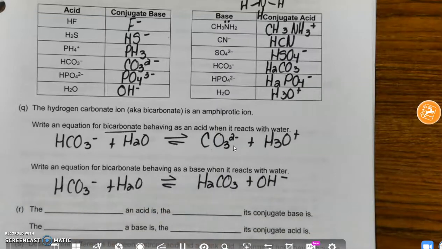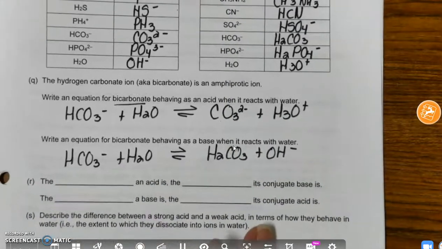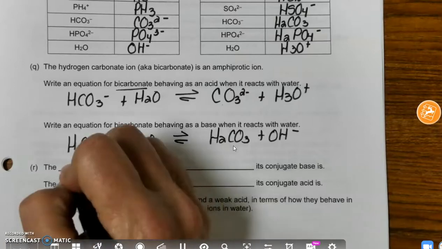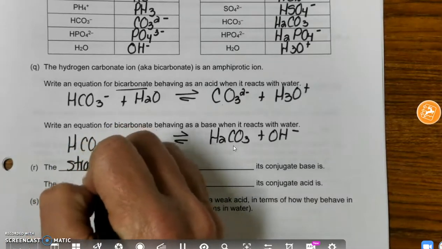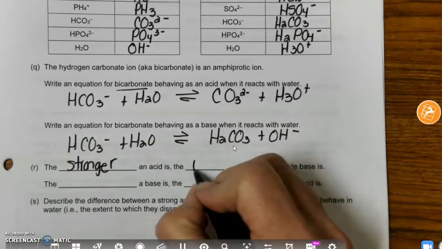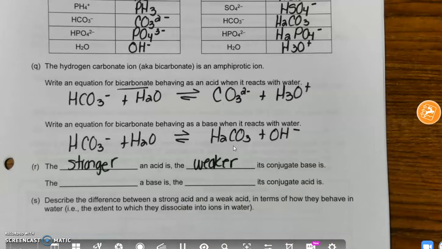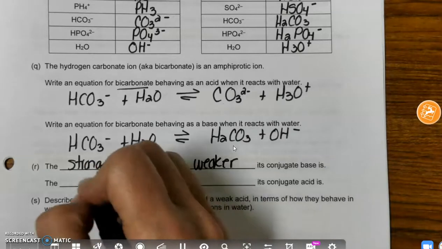Now, as far as strengths go, and this is going to be really important, we're going to talk a lot about acid and base strengths. The stronger the acid, the weaker its conjugate. So the way to remember this is if one of them is strong, they can't both be strong. So if one of them is strong, the other one is weak. If one is weak, the other is strong.